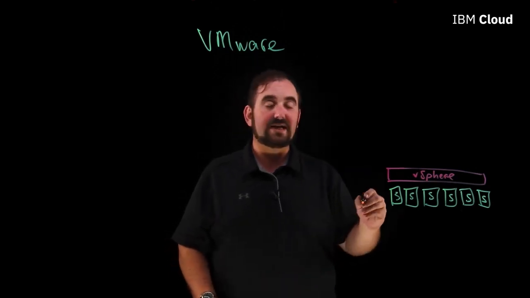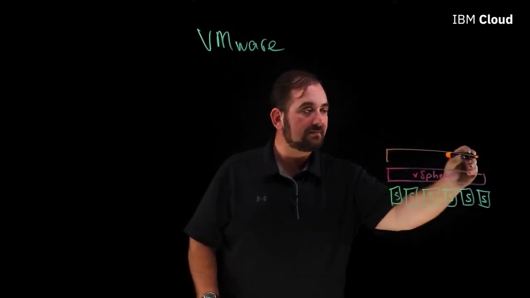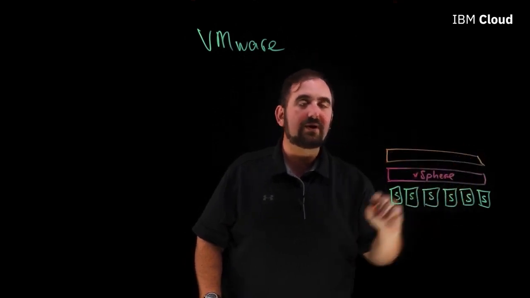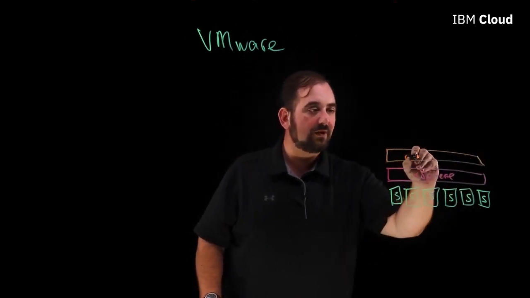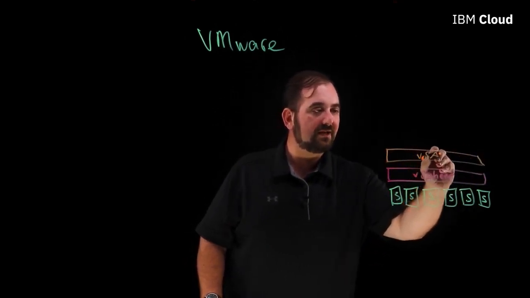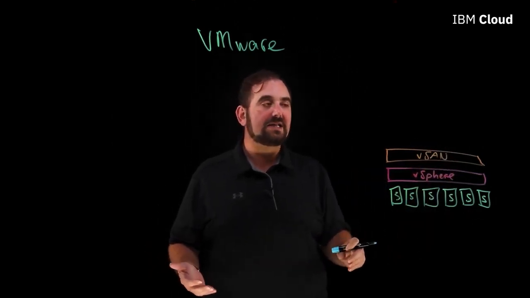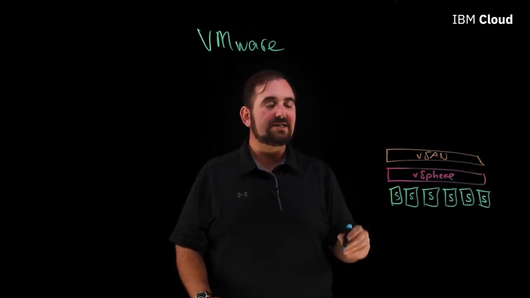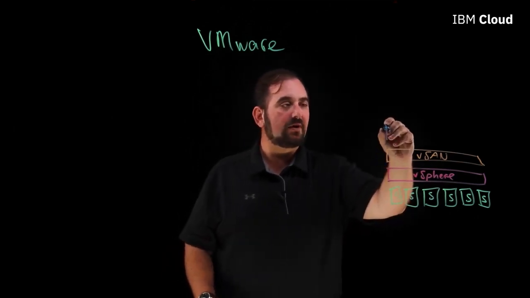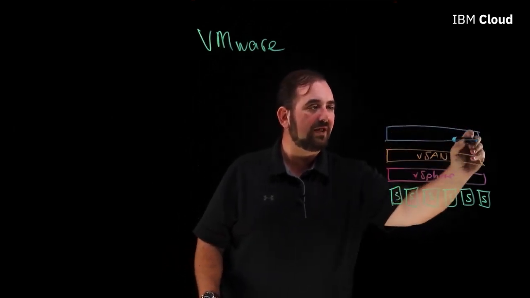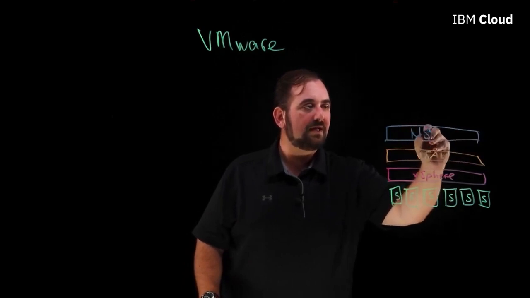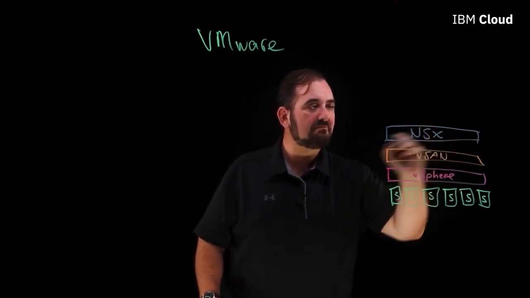Next, as we move up the stack, is the storage piece. How are we going to virtualize that storage layer? Well, we're going to use software called vSAN. And then the third piece of our IaaS pyramid, right, is going to be network. How do we virtualize network? Well, you virtualize network with the VMware product called NSX.